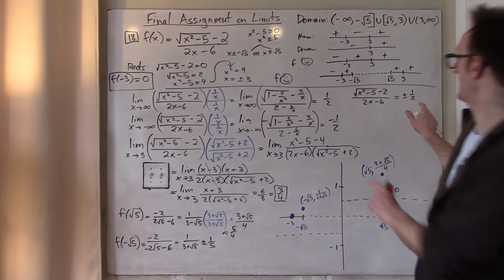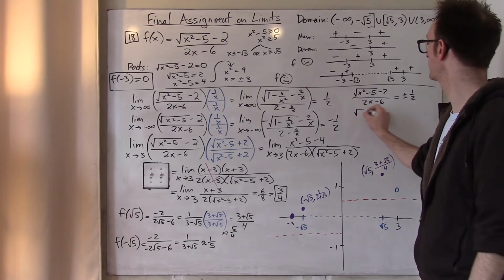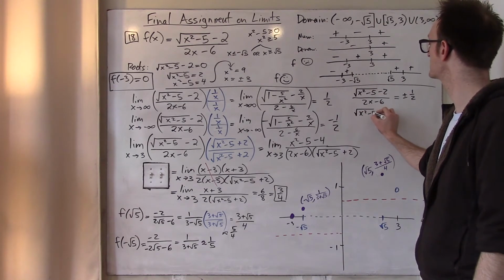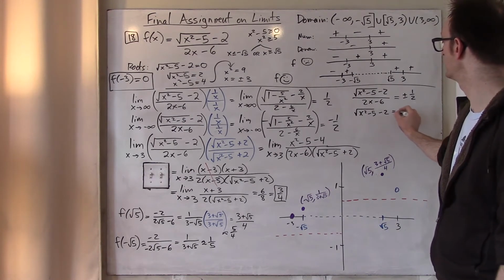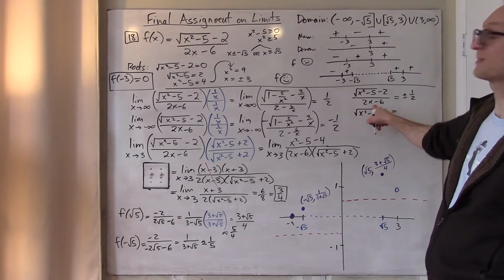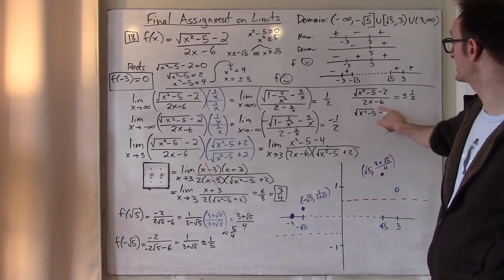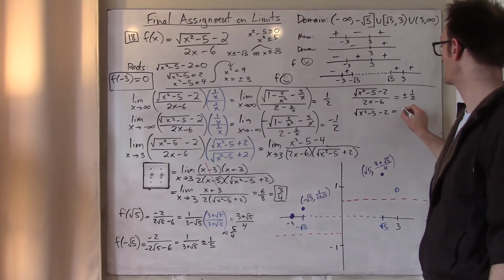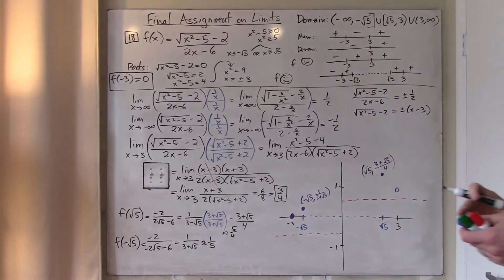So let's do it. I can multiply both sides by 2, and that gives me root x squared minus 5 minus 2 equals, actually maybe it's just easier to say multiply both sides by 2x minus 6. If I multiply both sides by 2x minus 6, the 2 cancels the 1/2, and so I'm just going to get plus or minus x minus 3, if you followed that.